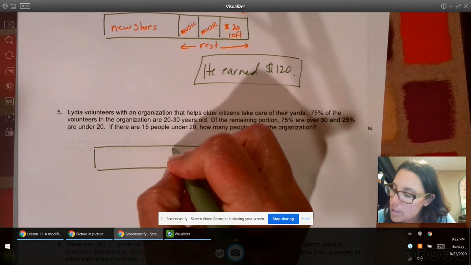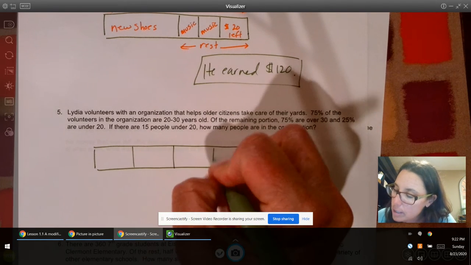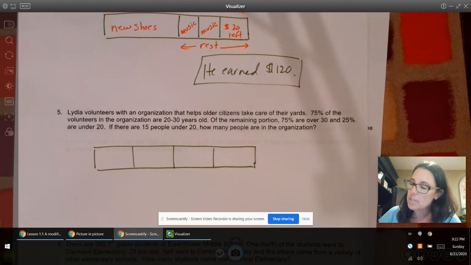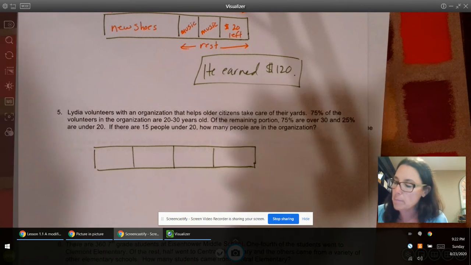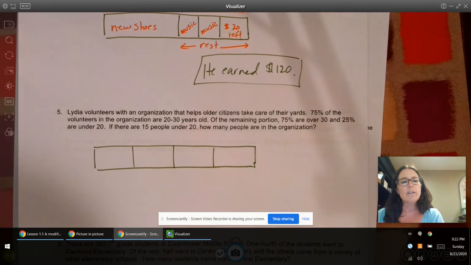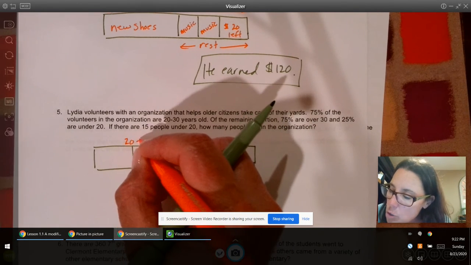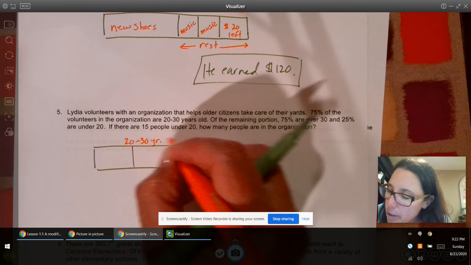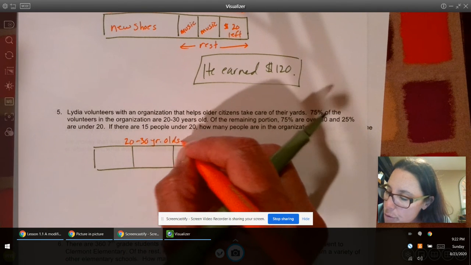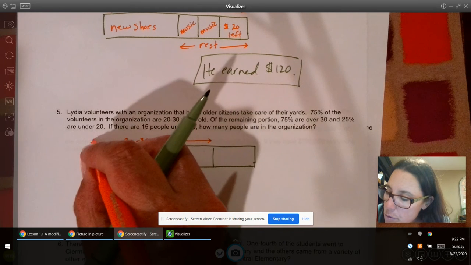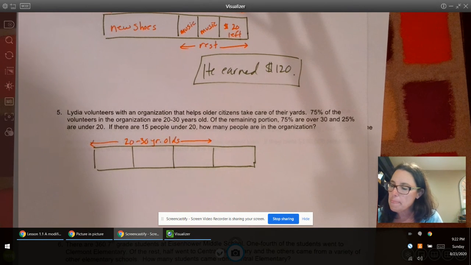So I'm going to break this up into quarters. 75% of the volunteers are 20 to 30-year-olds. So I'm going to mark, you understand that 25% is one box? So 20 to 30-year-olds. That's those 3 boxes.